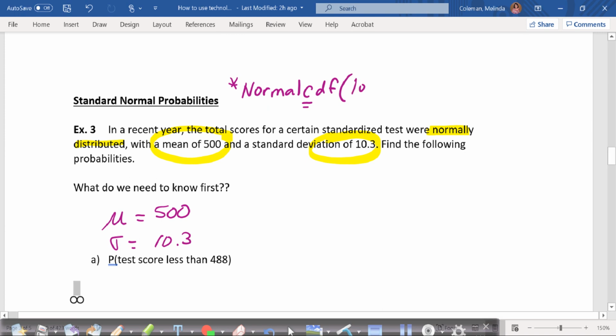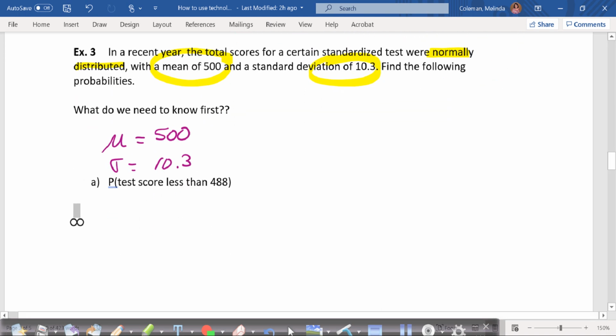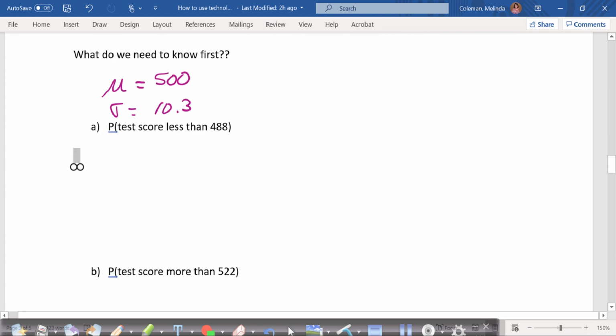I'm going to need a lower bound, an upper bound, my mu, and my standard deviation. So lower and upper is your smaller to your larger in that range. So I don't need a chart this time. This one's a little easier. I don't need the chart.